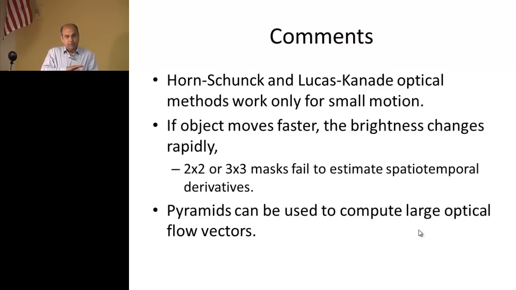Suppose in the original resolution we have 16 pixel motion at a given pixel. We may reduce the image from 256 by 256 to 128 by 128. If in 256 by 256 its motion was 16, when you reduce half in x and y, it will become 8. When you reduce further, it will become 4. Further, it will become 2 and 1.